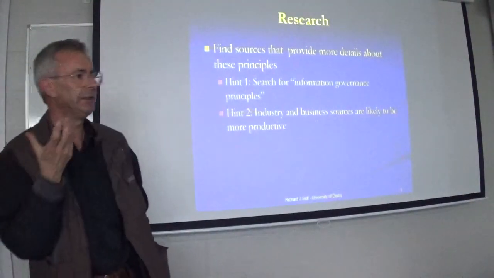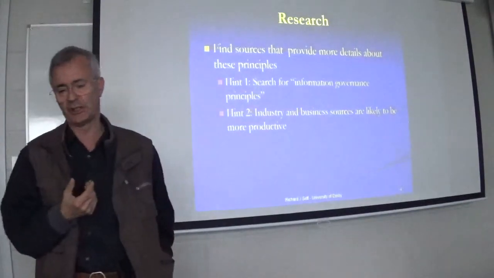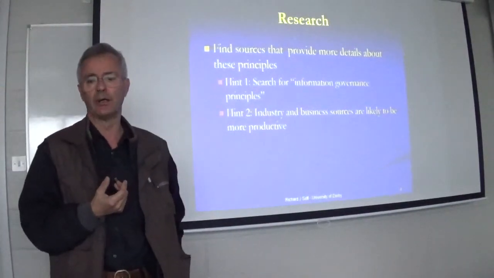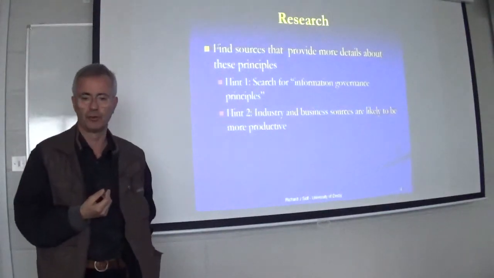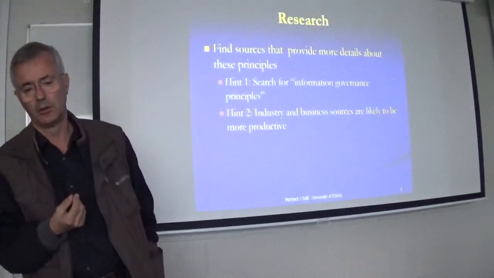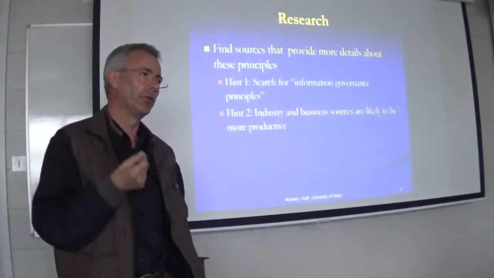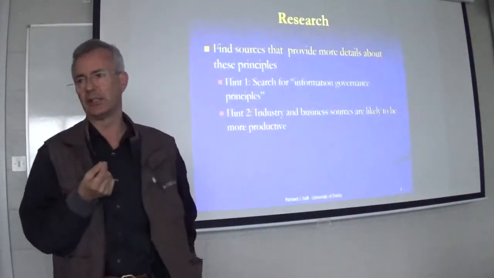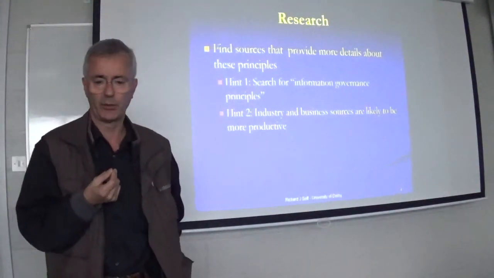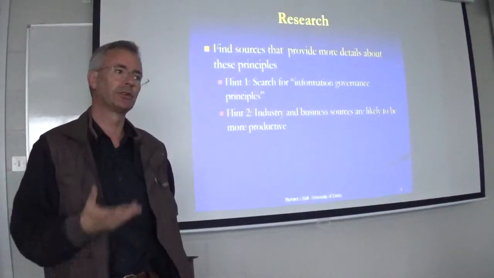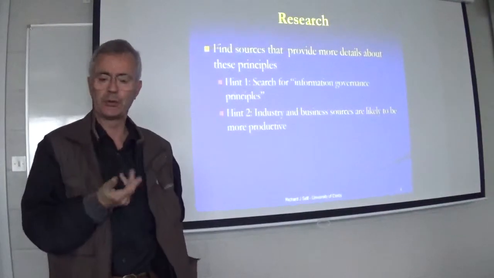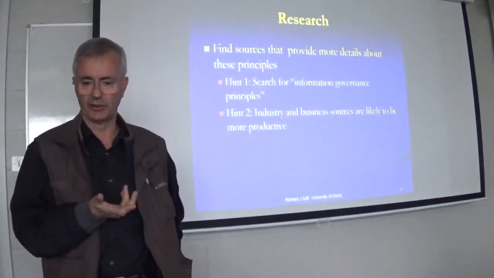Looking at those three principles of confidentiality, integrity, and availability, find a whole set of resources that help you understand the fine detail about confidentiality, integrity, and availability. Academic sources and professional sources are excellent.